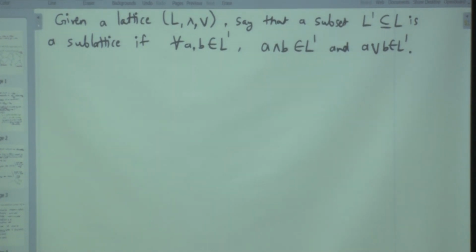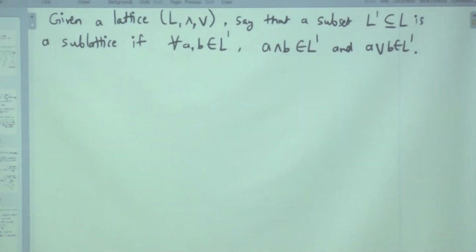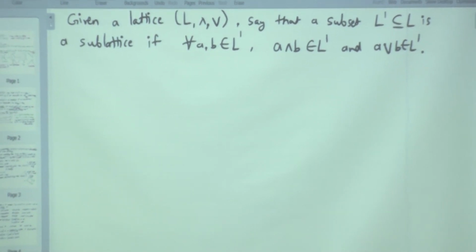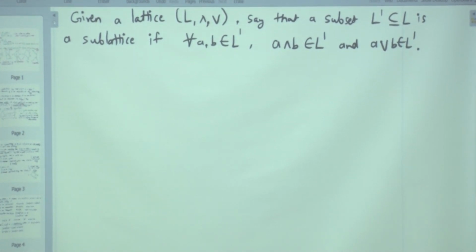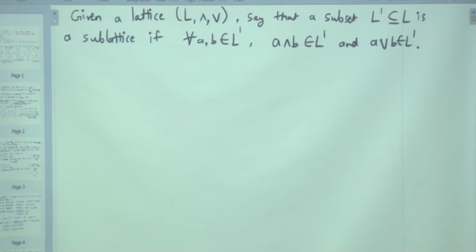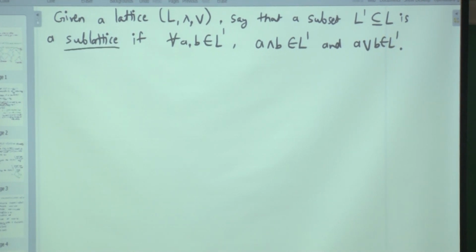You have seen this in linear algebra. What is a subspace? That sum of any two elements also lies there and scalar multiple lies. So it should be closed under algebraic operations. I am writing exactly the same thing. So that is the definition of a sublattice.